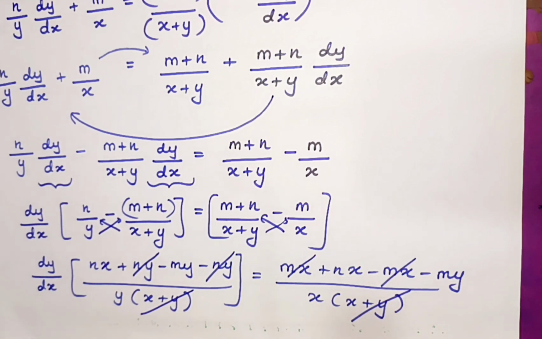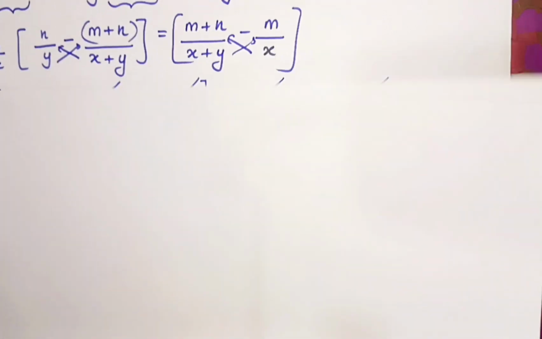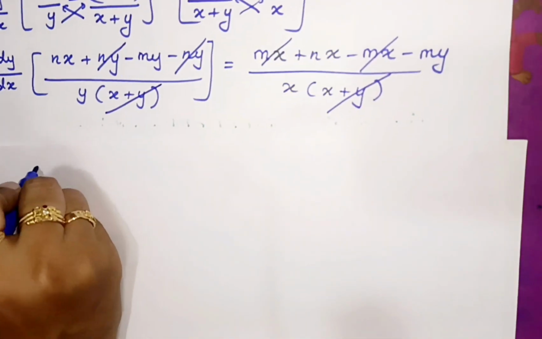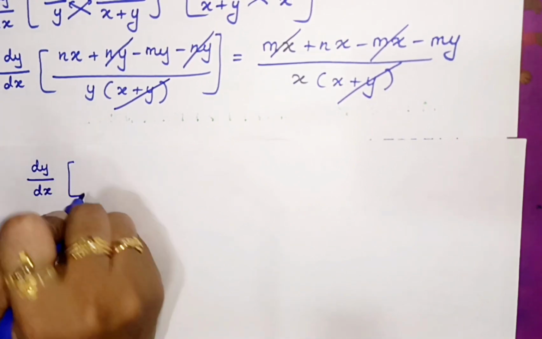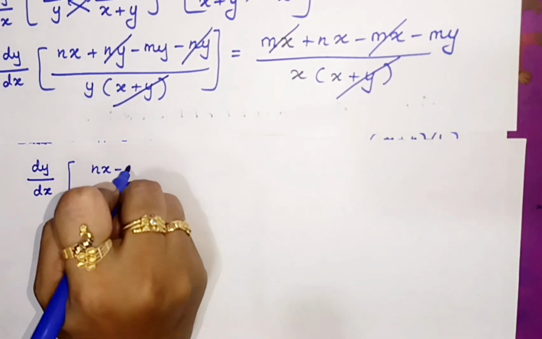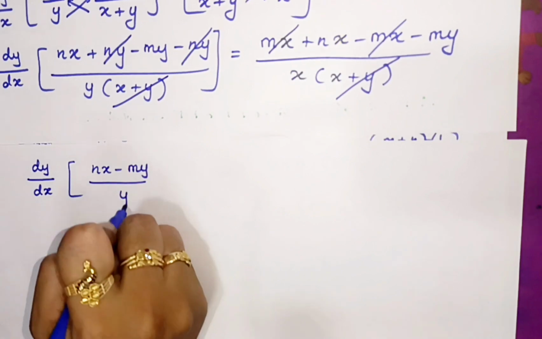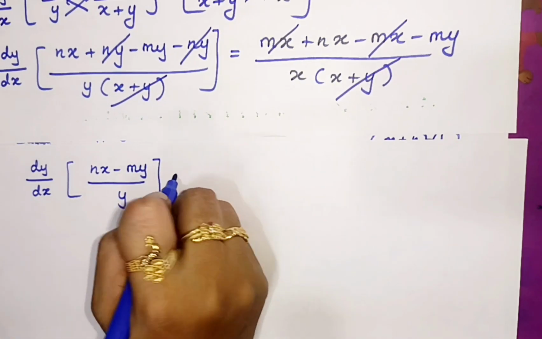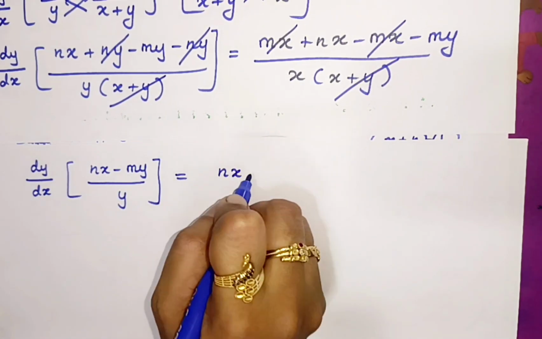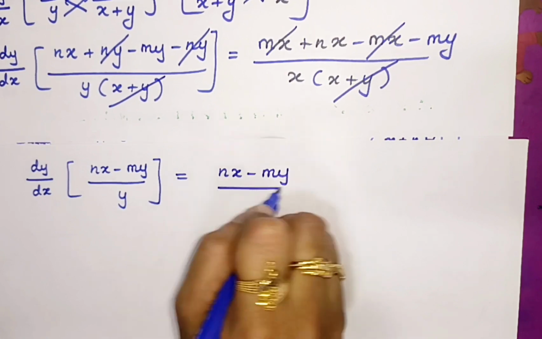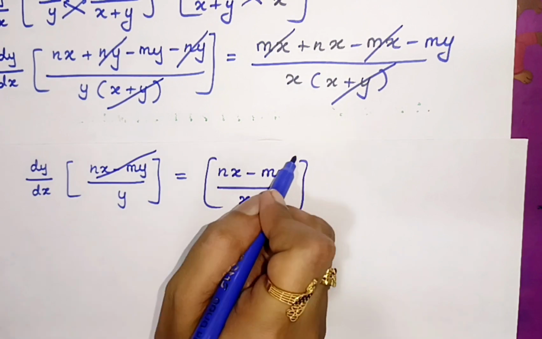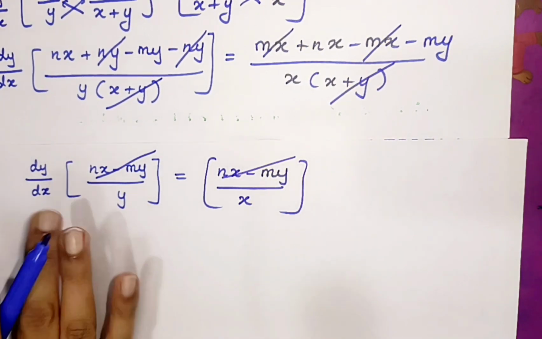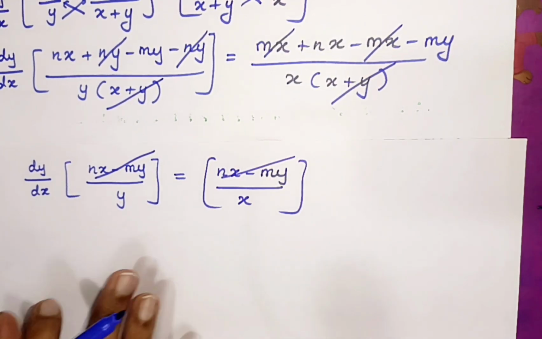So the remaining values are, see, dy by dx into nx minus my divided by y, that is equal to nx minus my divided by x. So see, the numerators are common and the signs are also same. In the opposite signs means we have to cancel the same signs.